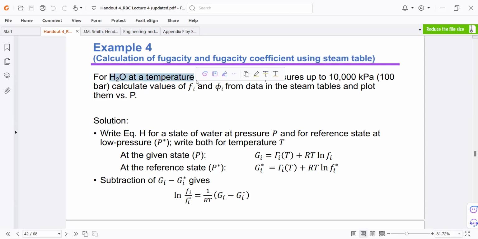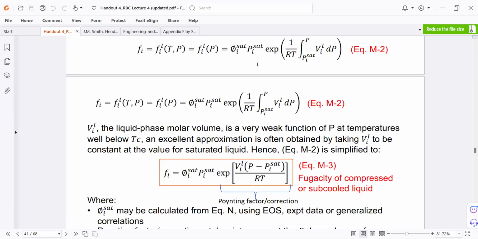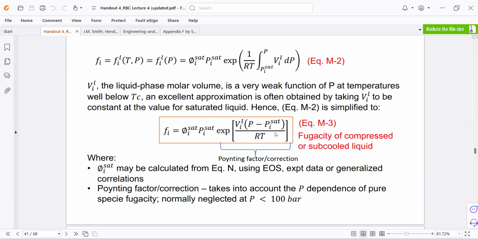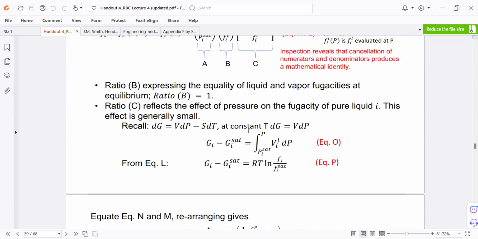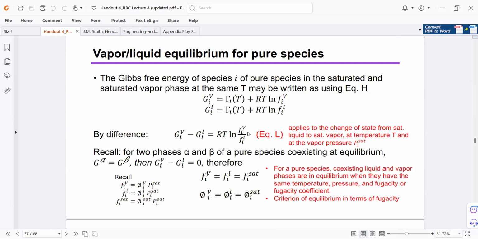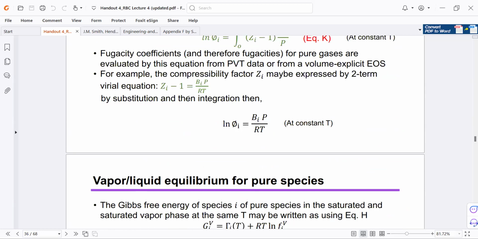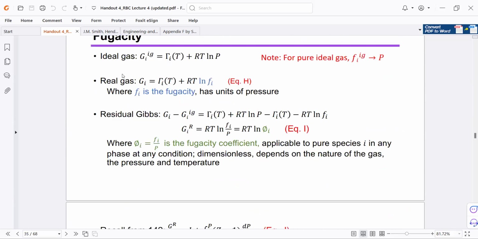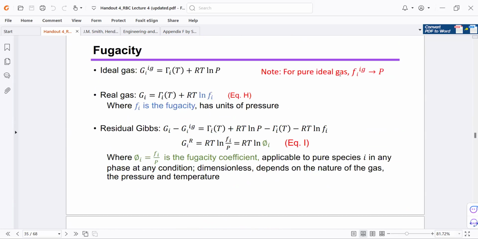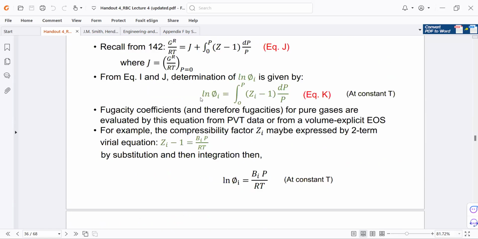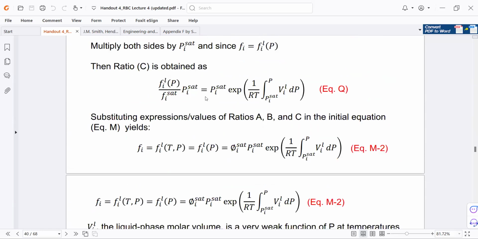We would use the equations for the gas and the subcooled liquid that we derived last meeting, for the fugacity of an ideal gas and for the subcooled liquid.